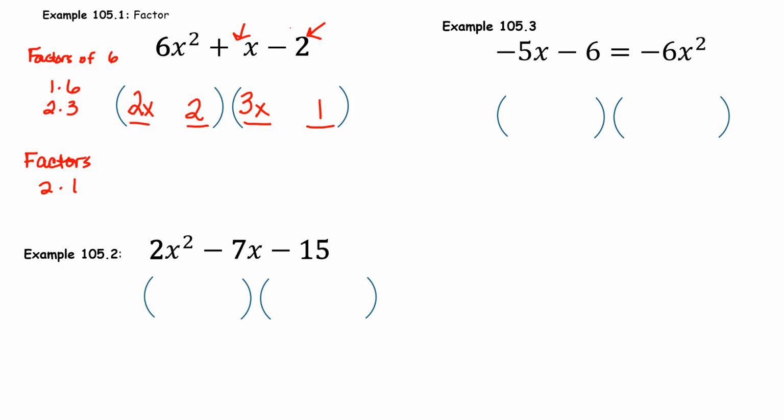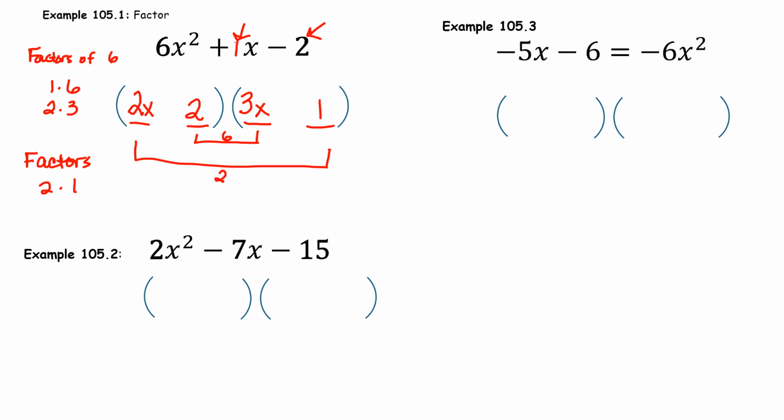So that 1, the coefficient on x, comes from adding the product of the means and the product of the extremes. So what do we have here? The product of the means is 2 times 3, which is 6. The product of the extremes is 2 times 1, which is 2. And the question is, can I add those things together somehow to get 1?